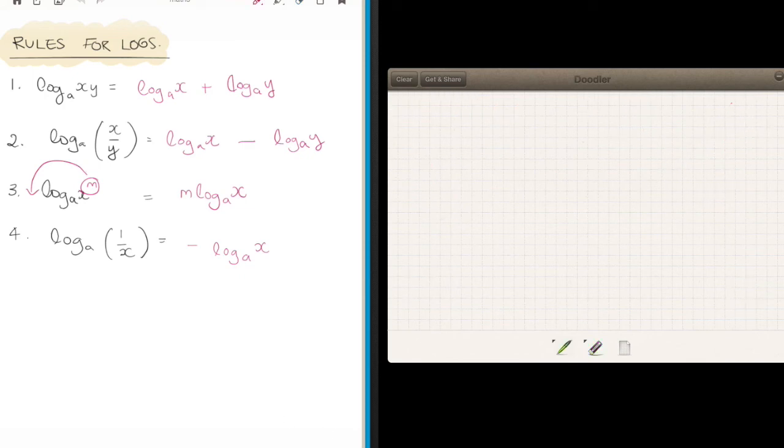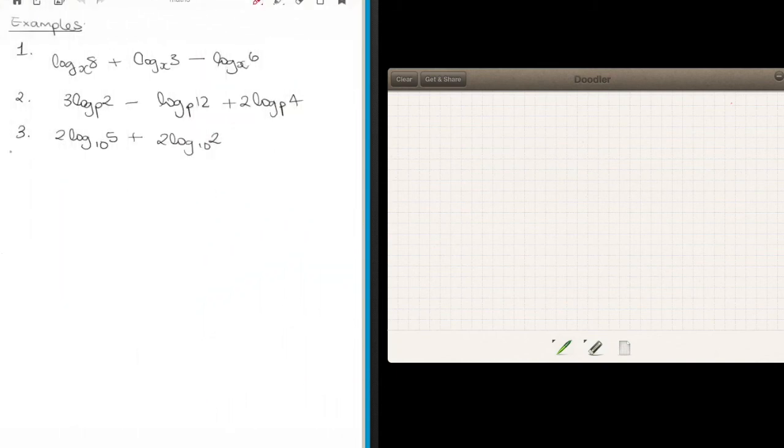Going to our third problem, this one. The third problem is 2 log base 10 of 5 plus 2 log base 10 of 2. What you do here is just log base 10 of 5 to the power of 2 plus log base 10 of 2 to the power of 2.